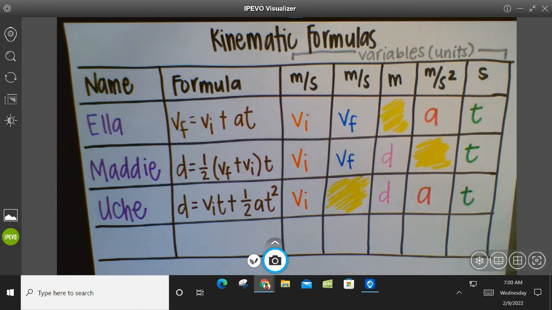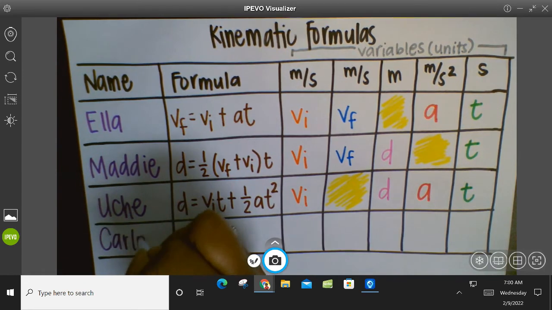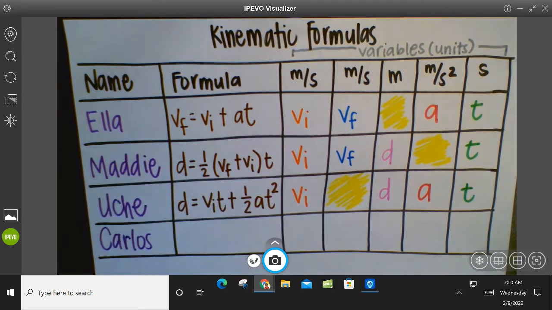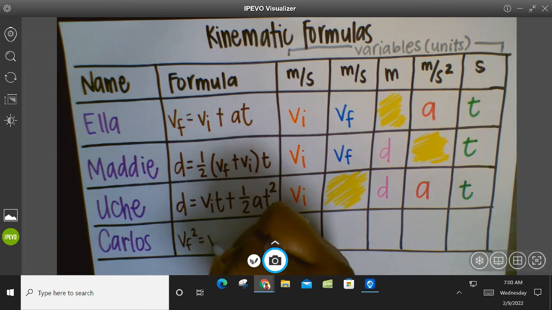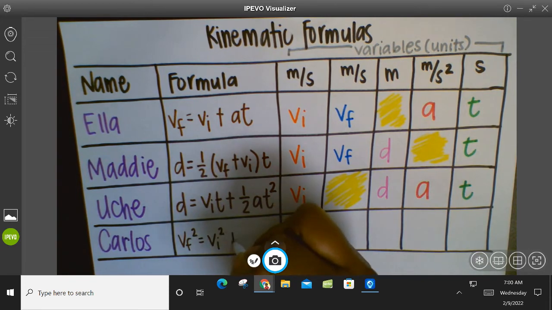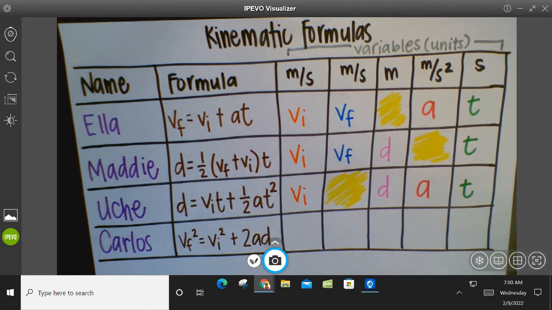All right. And then our last formula is Carlos. Okay. So Carlos is final velocity squared equals initial velocity squared plus 2 acceleration times distance. All right.